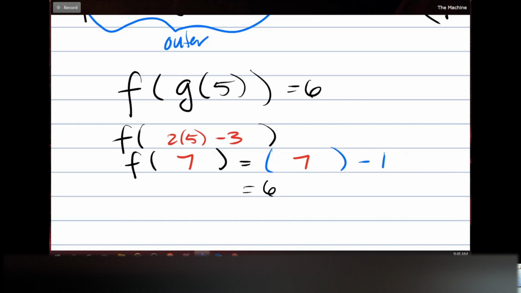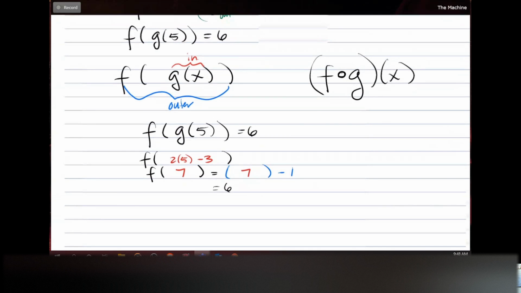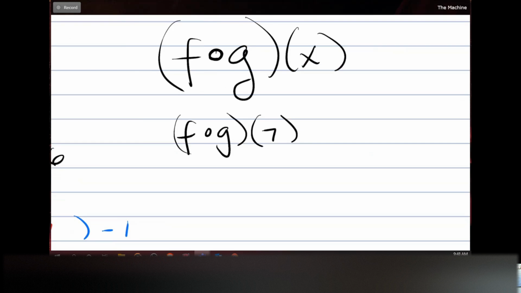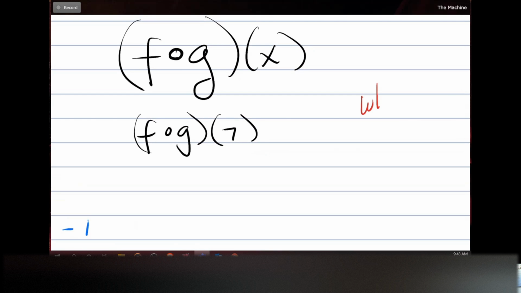Takes practice. Now, let me show you the book's way. F composed of g of 7. Here's my little hint. I'm kind of proud of this. You are in the fog.